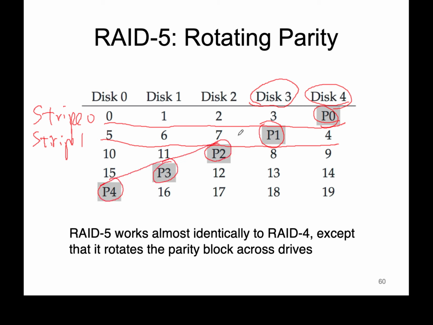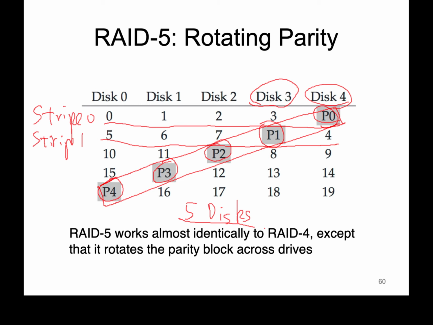So this part is effectively used to store the parity data, and the parity chunk gets effectively spread across this total number of 5 disks.